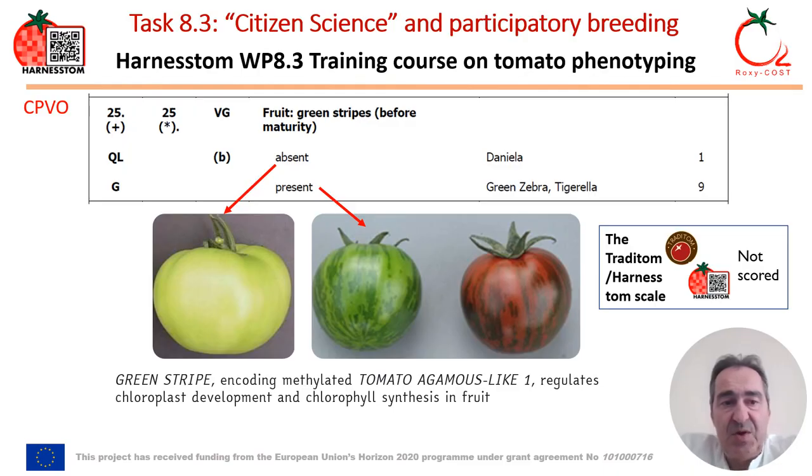This trait is typical of few varieties or genotypes like Green Zebra and Tigerella, which are mentioned by the protocol, and is detectable even in the ripe fruit. Being due to a single gene and not showing large phenotypic variation, we did not adopt it in our screenings, but just recorded its occurrence when it was evident.